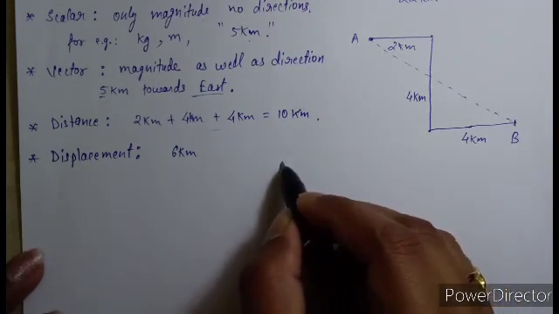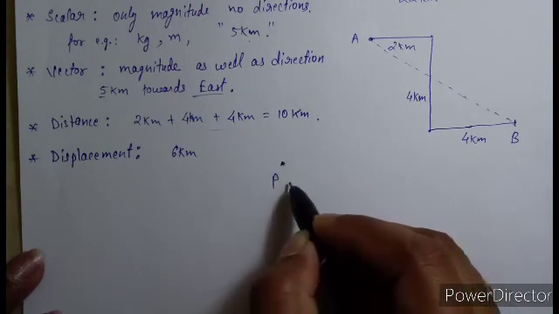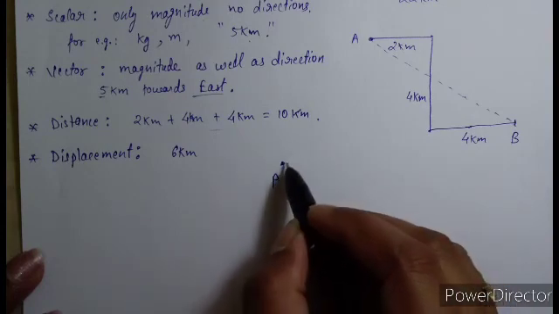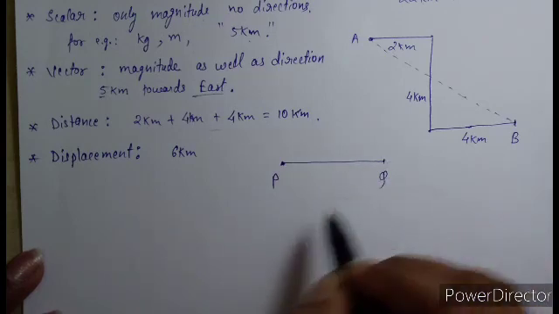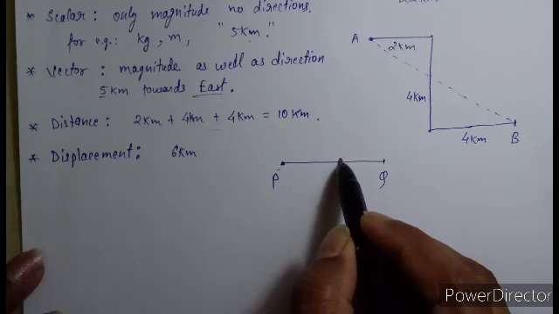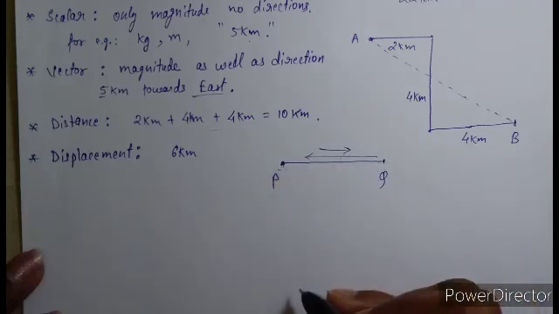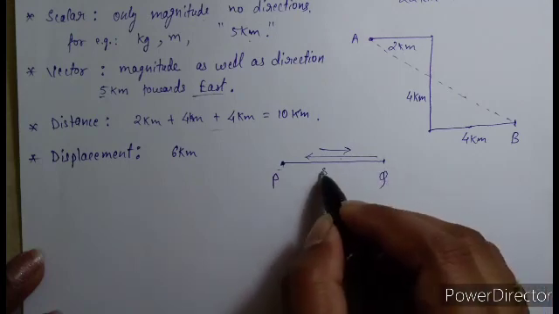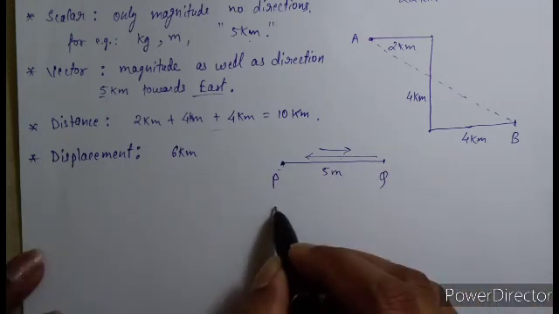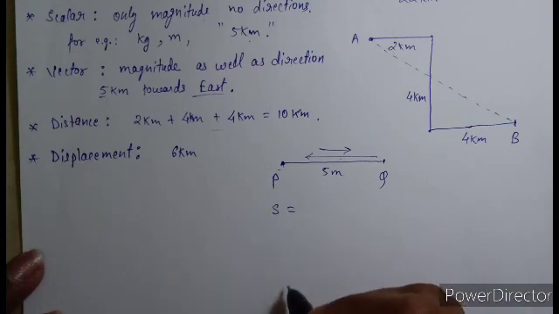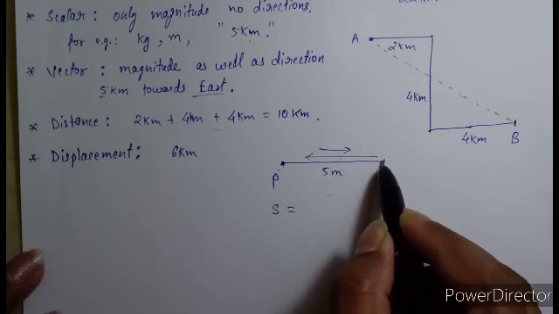If an object starts from point P, travels a certain distance and reaches the point Q, and then again comes back to the point P, then its distance, which is denoted by capital S, is 5 going and 5 coming.